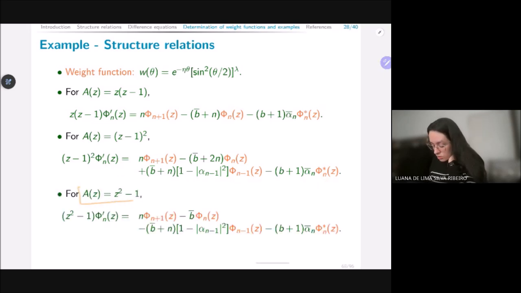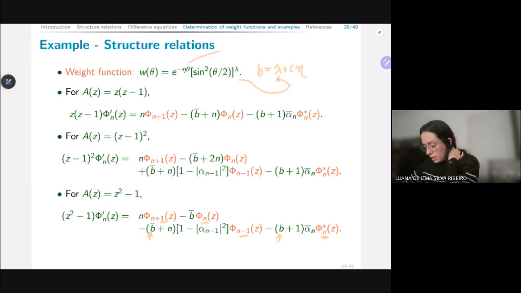If we choose this one, we also need 4 terms. So here we need 3 terms, and for these two cases, we need 4 terms: phi n minus 1, phi n minus 1, and here phi n star. This beta is just this complex number, lambda plus i eta, where lambda is here and eta is here. So this is the structure relation.